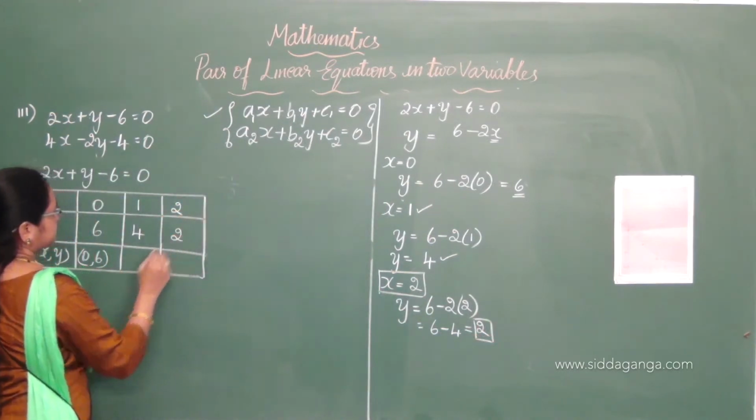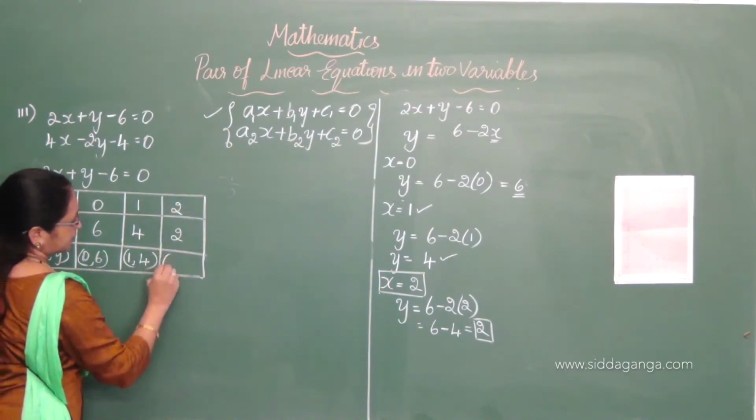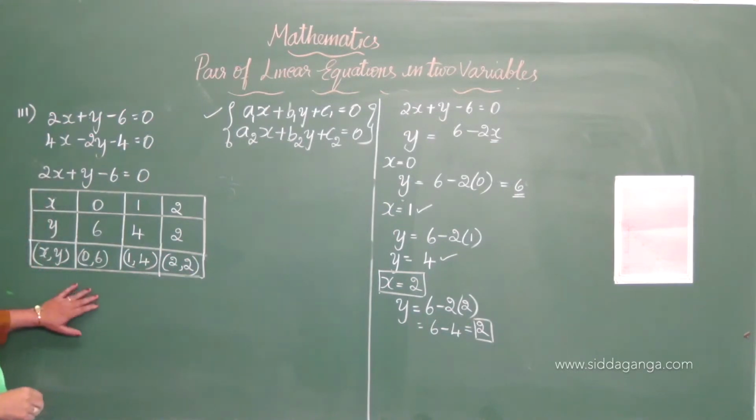So, let us write the coordinates here, 2 comma 2. Okay, is it clear now? First one.